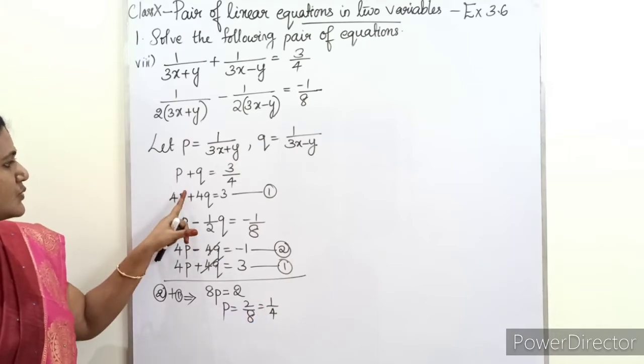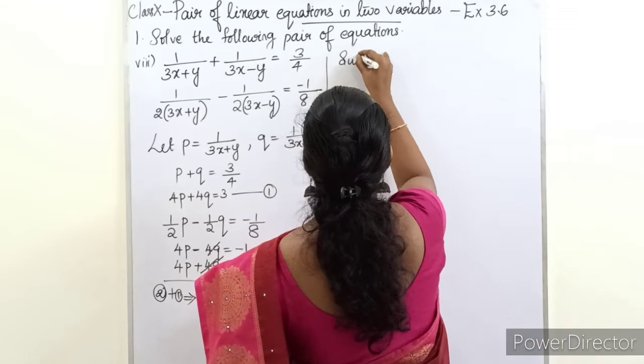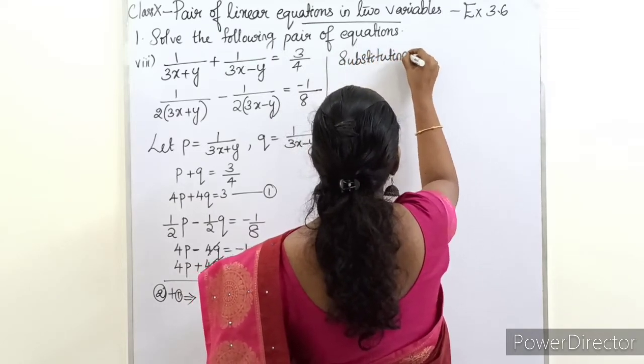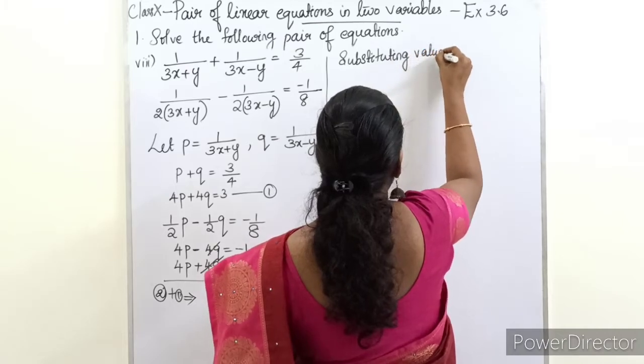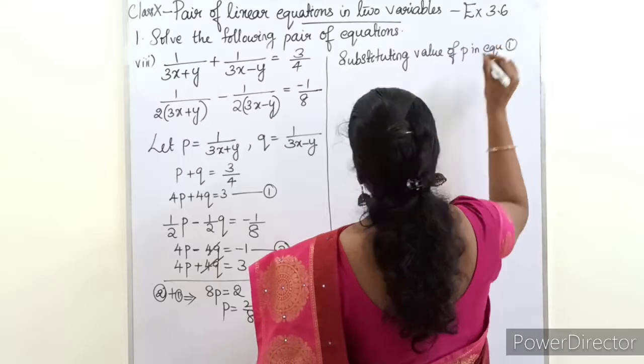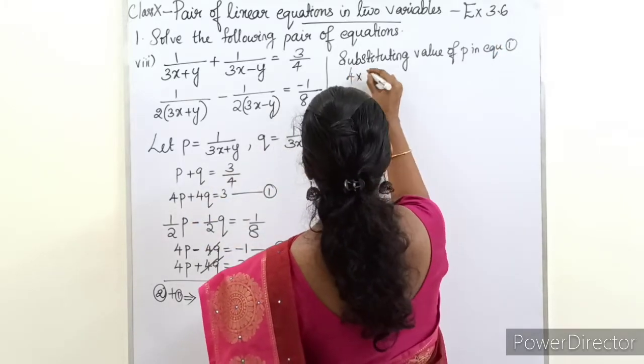This we will substitute in the first equation. So substituting the value of p in equation 1, the first equation is 4p, and p is 1 by 4.